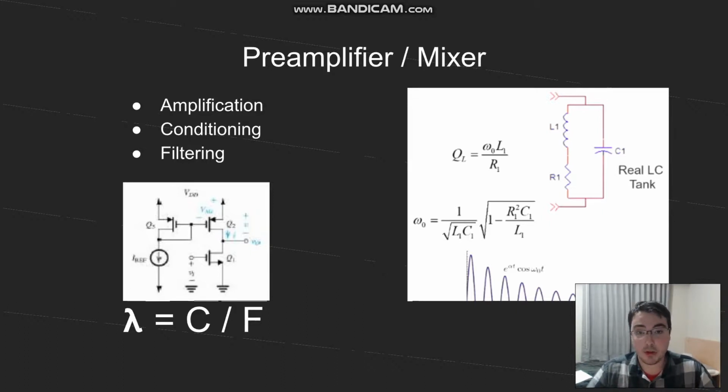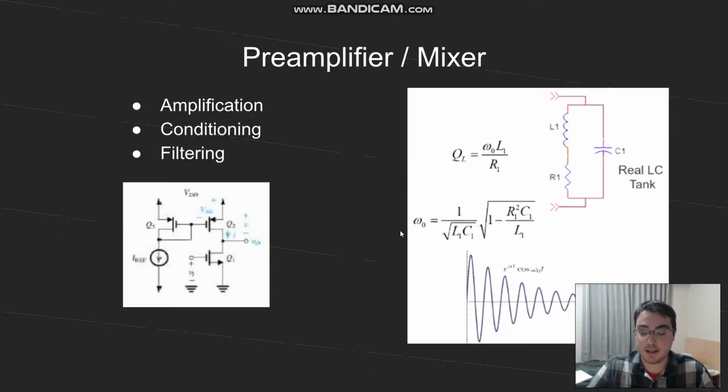So the next component we need to talk about is the mixer for the system. This mixer generates sinusoidal waves that come from an oscillating electrical and magnetic energy. The way this works is as the capacitor discharges energy from this real LC tank, it will be transferred to the inductor of the system.